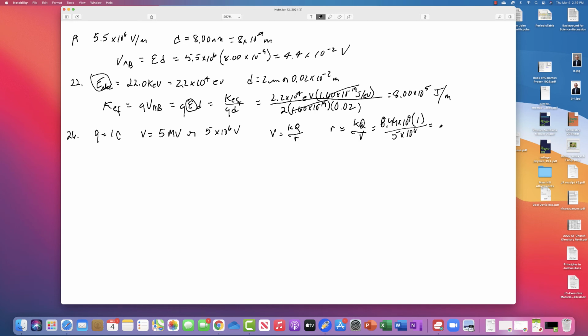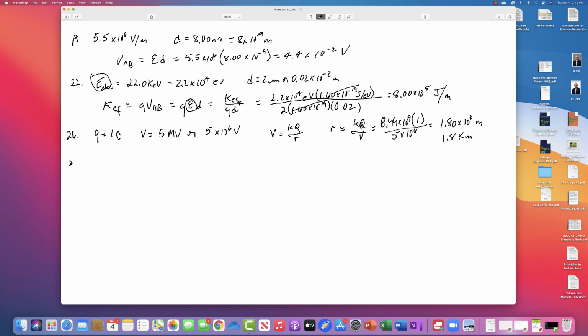And so the answer here is 1.80 times 10 to the 3rd meters, or 1.8 kilometers. And basically it tells you that because that's a huge distance, it's going to be practically impossible to isolate such a charge.